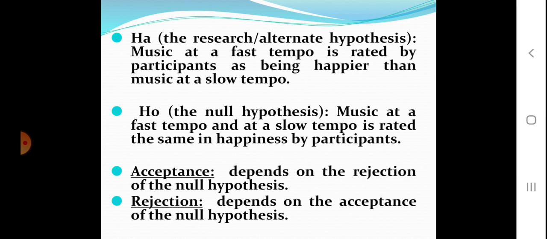The two hypotheses we propose to test must be mutually exclusive. That is, when one is true, the other must be false. And they must be exhaustive; they must include all possible occurrences. Now, the acceptance or rejection decision relating to the alternative hypothesis: when to accept the alternative hypothesis?